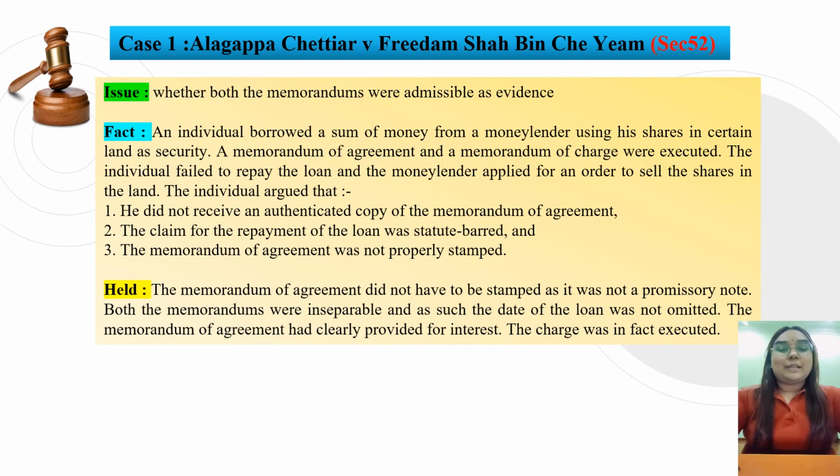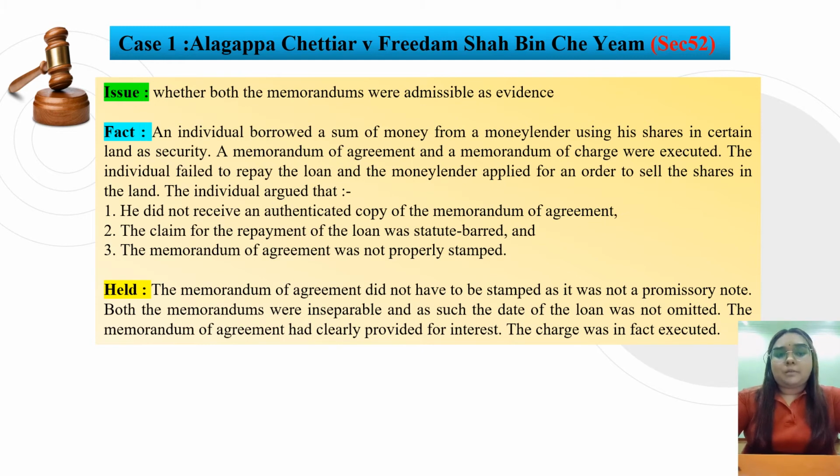Now let us look into the first case, which was Al-Ghaffar Chediyar versus Freedom Shah under section 52. The main issue was whether both memoranda were admissible as evidence or not. The facts of the case: an individual borrowed some money from a moneylender using his share in certain land as security.